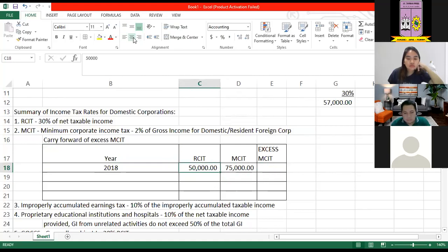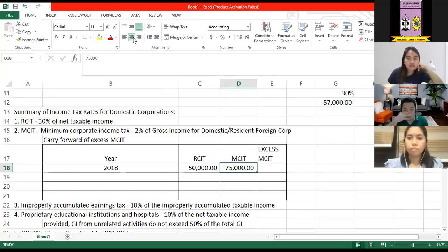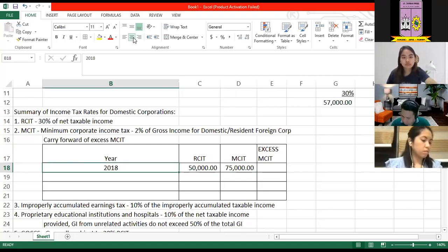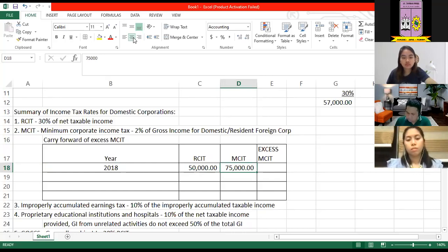So, di ba, sabi natin, let's assume na yung 2018 for taxable year yan, okay? Now, di ba, sabi natin, i-compare natin yung RCIT tsaka MCIT, kung ano yung mas malaki, yun ang babayaran ng taxpayer. So, in this case, in year 2018, ang binayaran ng taxpayer is 75,000, tama?